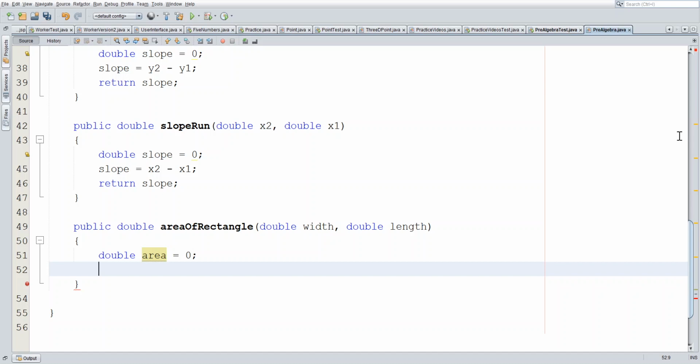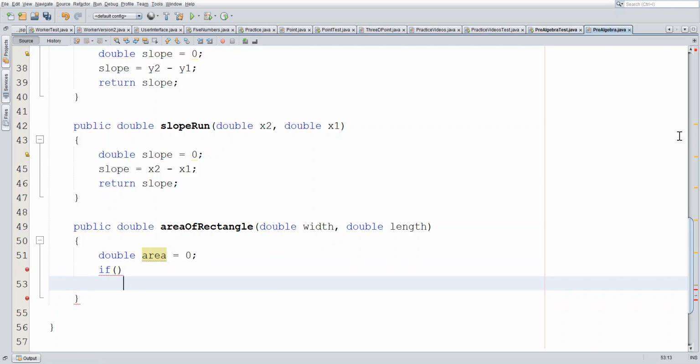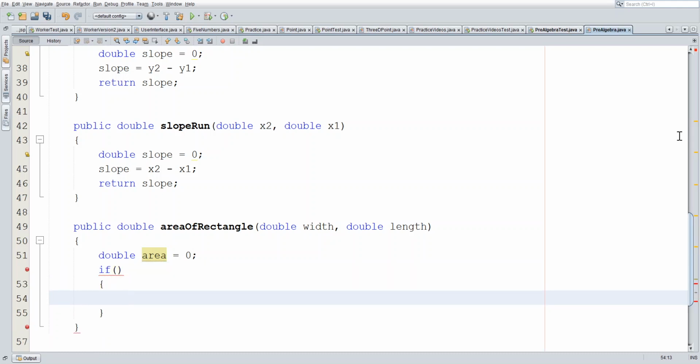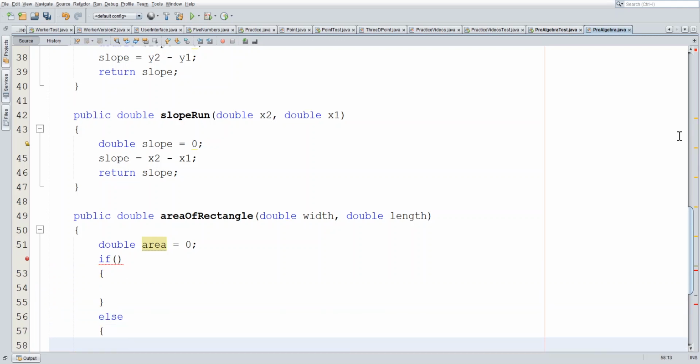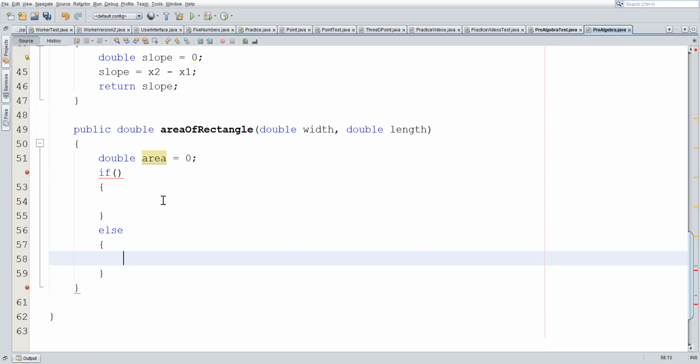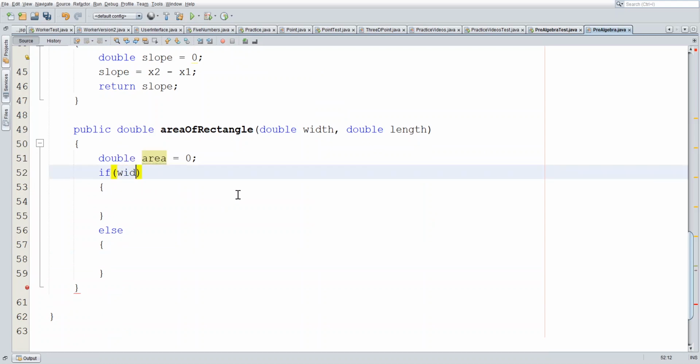And now we're going to do an if statement, so we're going to make sure that the user isn't doing something silly. I'm going to make my if statement, and then I'm going to make my else, and all I'm doing is the curly braces. So let me scroll down and show you what I have so far. What we need to check is if width is less than or equal to 0, because the length or width of a rectangle can never be 0 or negative, right?